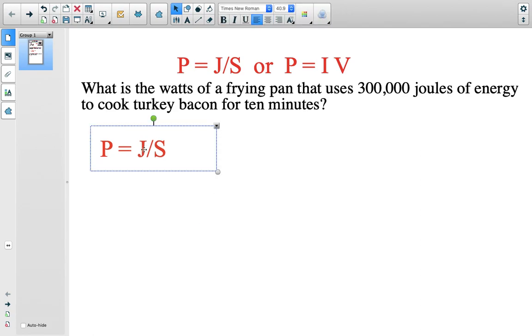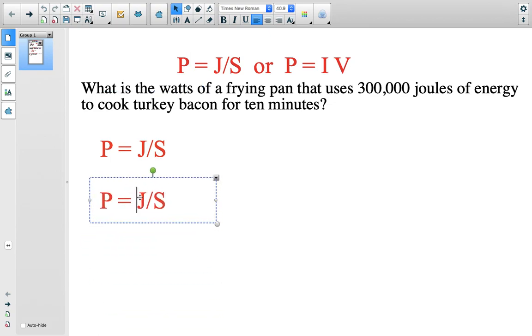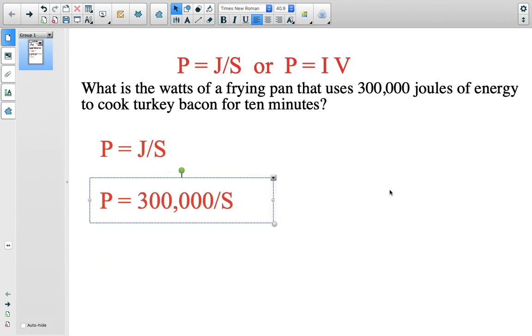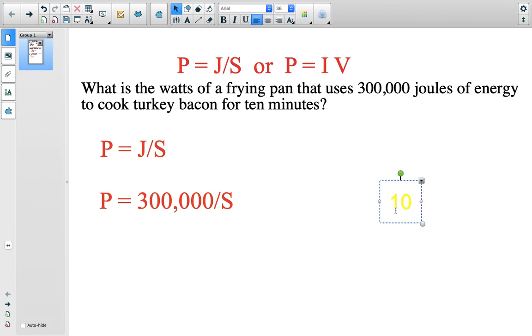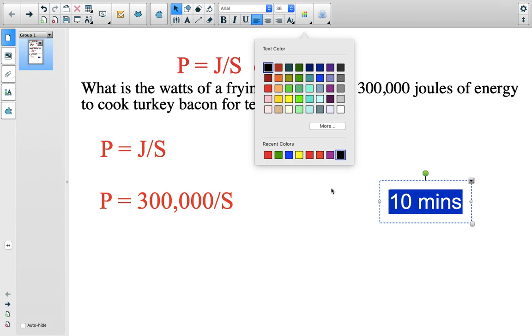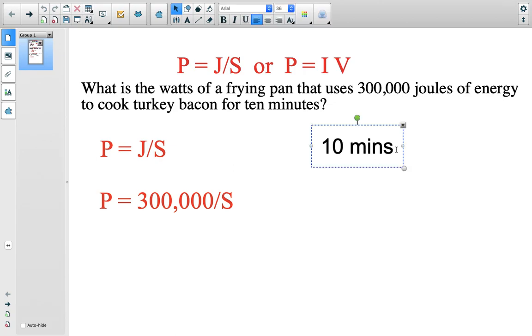So we do have our joules, and we know our joules is 300,000. And now we got to find our seconds. So we have 10 minutes. And because we have 10 minutes, we need to convert our 10 minutes to seconds. Well, to convert 10 minutes to seconds, we know that in each minute, there are 60 seconds, right?